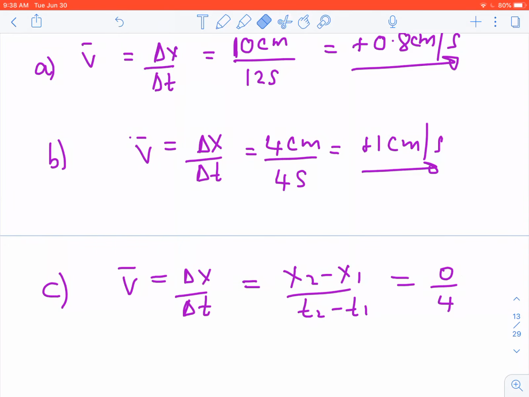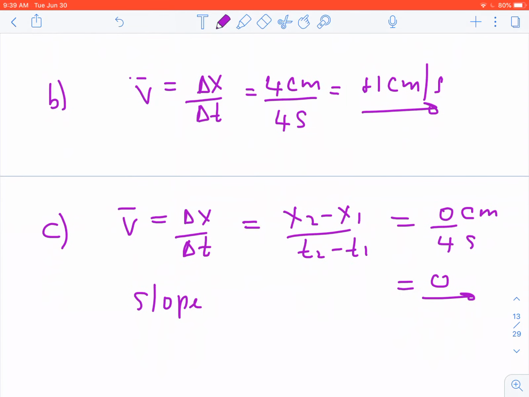I'm always making this error here: it is 0 centimeters and 4 seconds, so this would be 0. Which means the slope is 0 at that point.